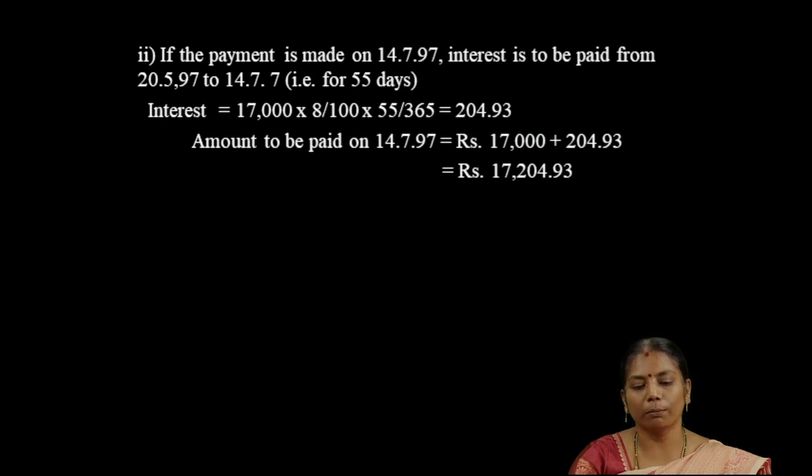Then the amount to be paid on 14/7/97 is rupees 17,000 plus 204.93, so the total amount will be 17,204.93. From this video we have understood how to calculate the average due date for various transactions on various dates. Thank you.